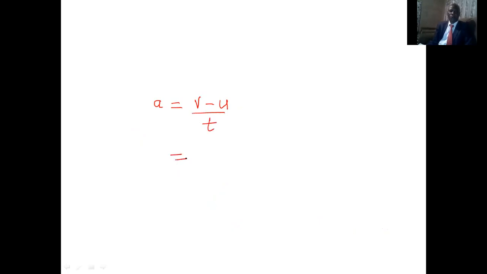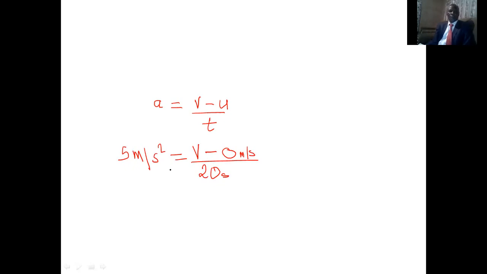So this is 5 meters per square seconds, the final velocity is the one we're looking for, and our initial velocity is 0 meters per second, because the car is starting from rest, and it took 20 seconds.